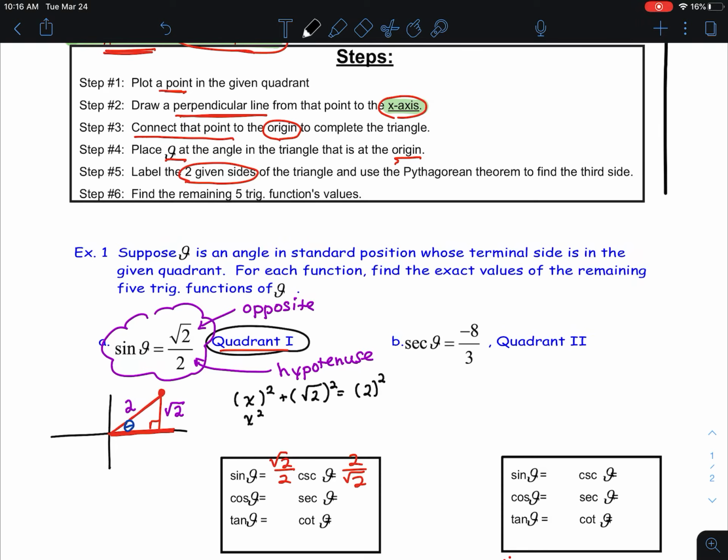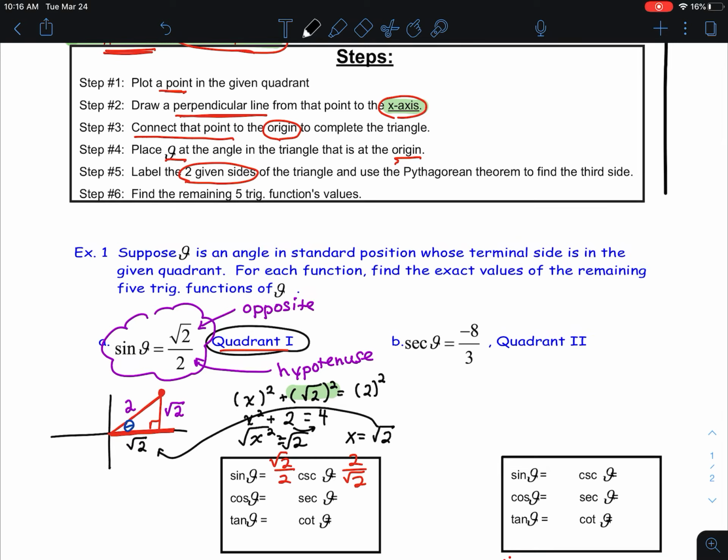Now keep in mind, when you square a square root, like here we're squaring the square root of 2, that just gives you 2. It gets rid of the square root symbol. Then we have to move that 2 to the other side of the equation. So that's going to be a 2 here, and then we're going to take the square root of both sides. And we end up getting that this other missing leg of the triangle was also a square root of 2.